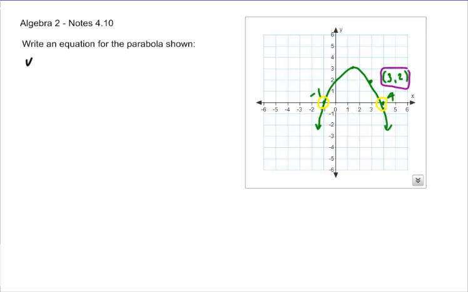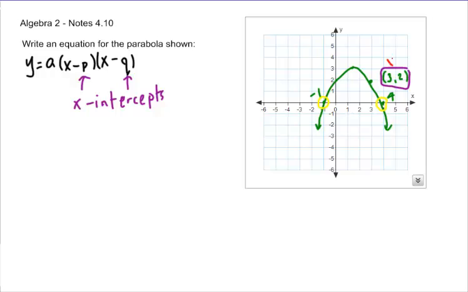On this one, we're going to use intercept form, which looks like this: a times x minus p and x minus q. These points are where you get your x-intercepts, and then you get this point, which gives me your x and your y. So substitute in what we know.